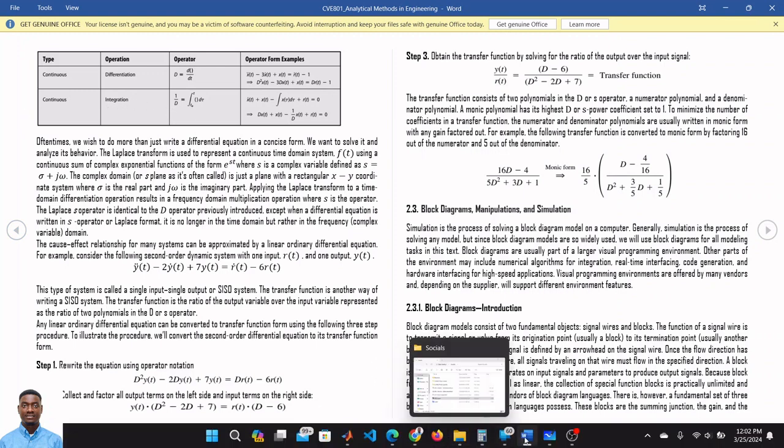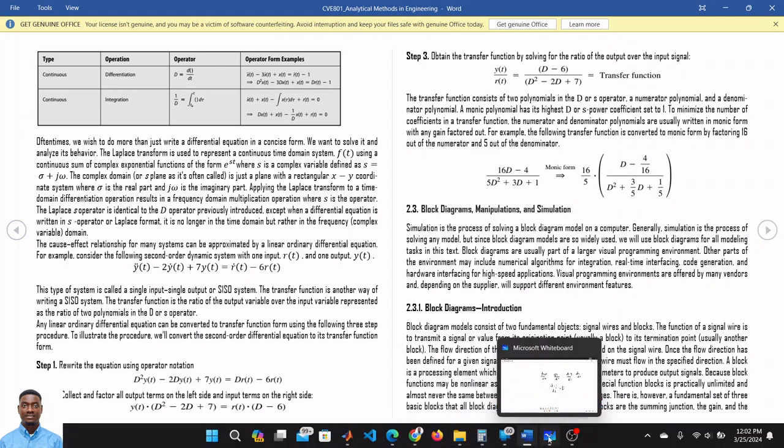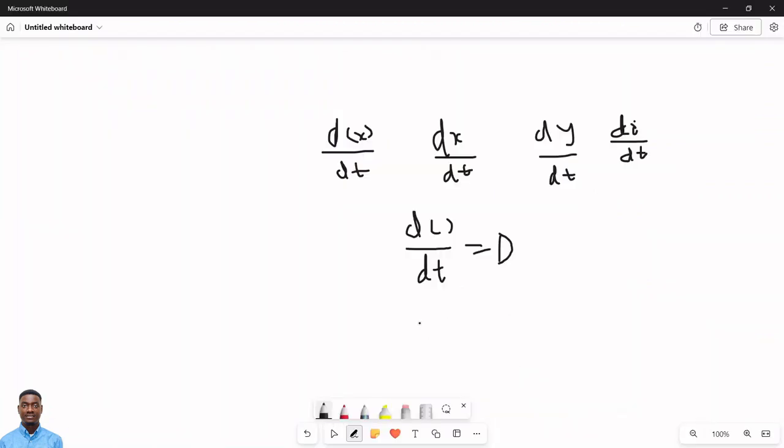your operator notation will just be the inverse of your differentiation, which is just saying if you have a differential of a certain variable with respect to time from t naught, sorry, let me just erase this.